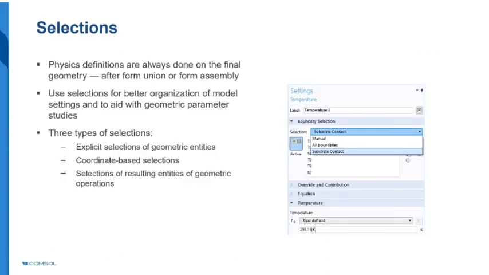The next is the selections. The very first question could be, why do we need selections when we are working on COMSOL models? These selections are typically used, for example, if you want to call the same set of boundaries again and again for different boundary conditions, meshing, and post-processing.